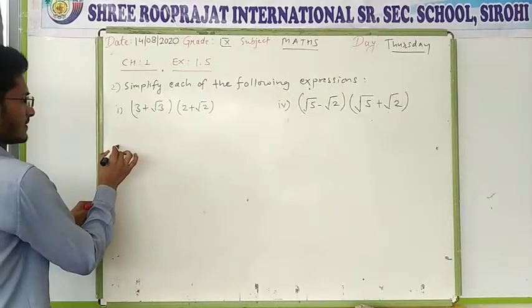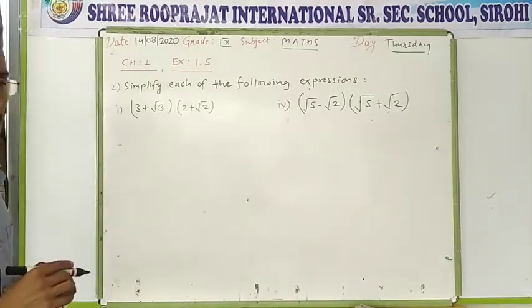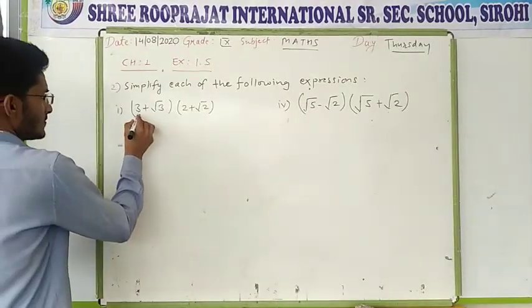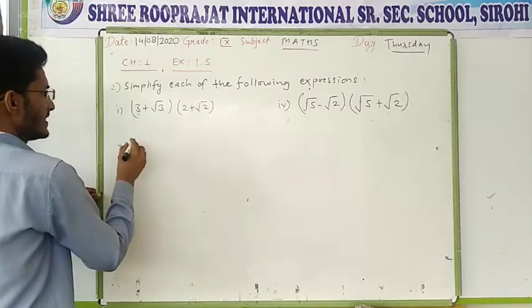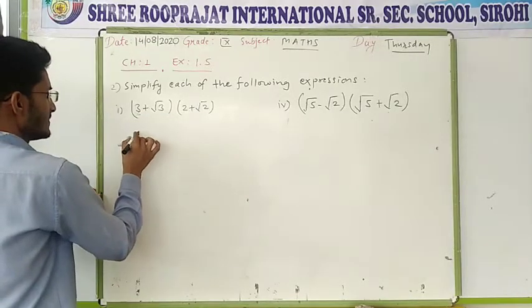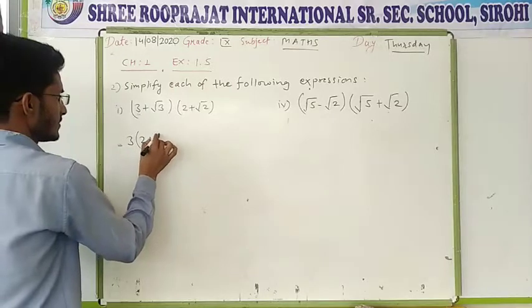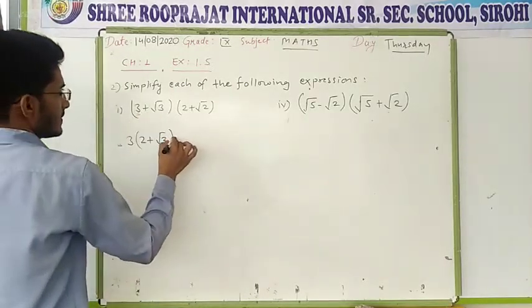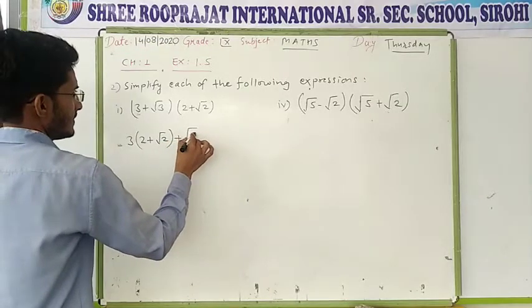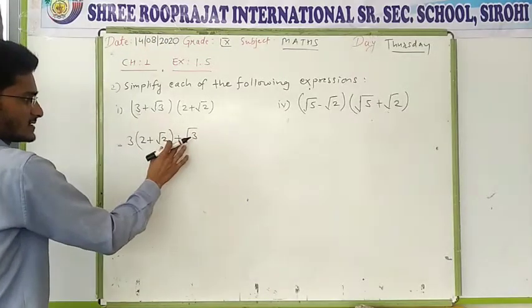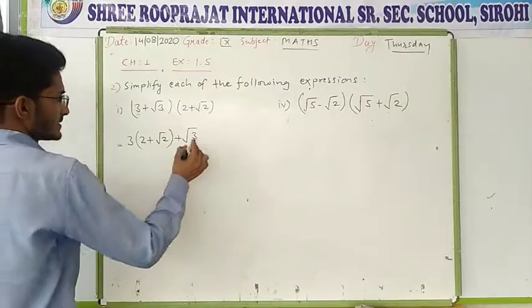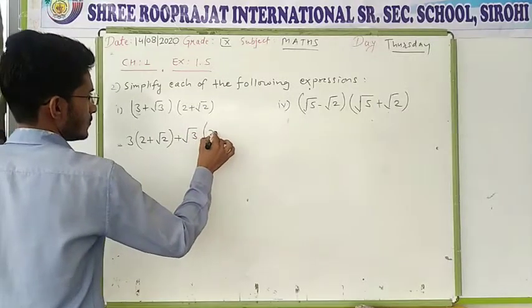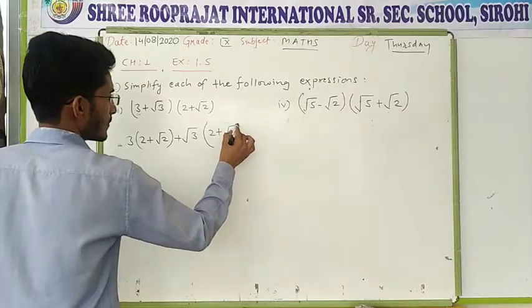So in the first one, no property is applicable. First of all, you have to multiply 3 with the complete bracket. So 3 multiplied with the second bracket, 2 plus root 2. Then next one, root 3 is given with a sign of addition, that's why we put a plus sign here, multiplied with 2 plus root 2.